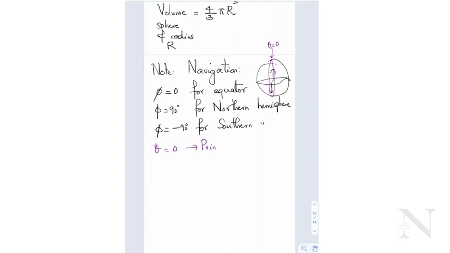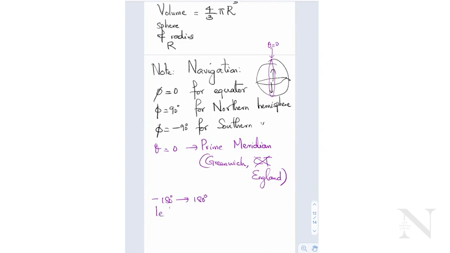The prime meridian passes through Greenwich, England, if you have done some basic geography. So it goes from negative 180 degrees to positive 180 degrees.